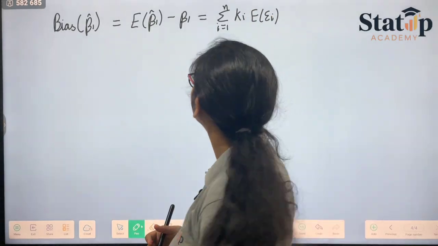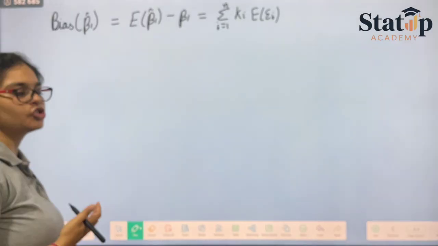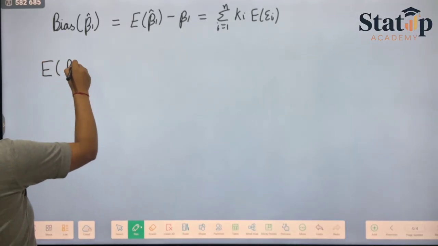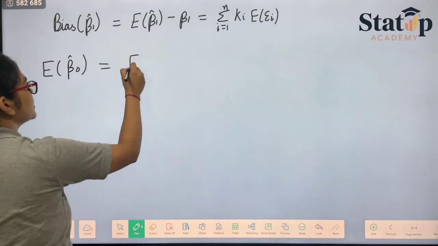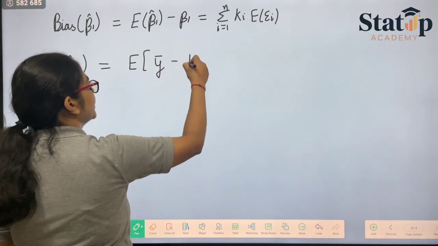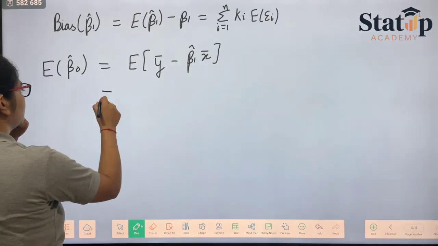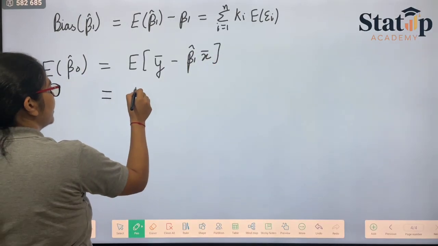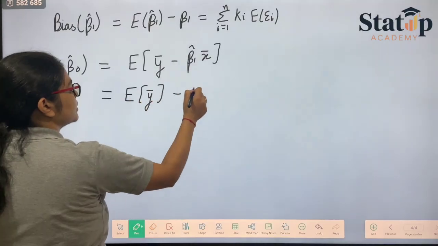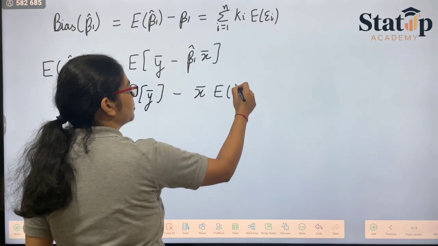Now again checking the unbiasedness of the second estimator, which is beta naught. So expectation of beta naught cap is given by expectation of y bar minus beta 1 cap x bar. So we can write it as expectation of y bar minus x bar expectation of beta 1 cap.